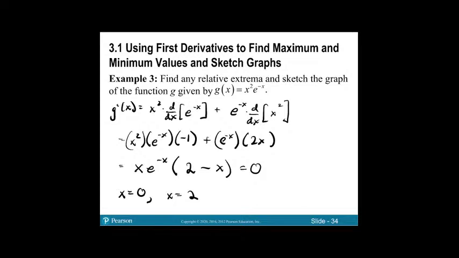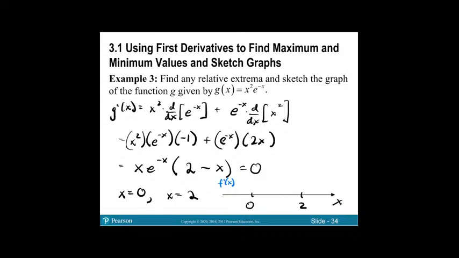Now we need to determine whether each is a relative max or min. Say positive x is in this direction, this is our 0, this is our 2. Take a number to the left of 0, something like negative 1, and consider f prime of x.